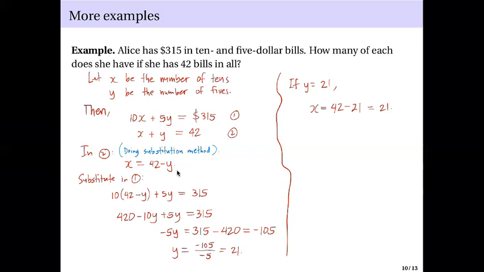Therefore, conclusion: Alice has 21 tens and also 21 fives. That's it. y equals 21, x is also 21. So that's the conclusion.